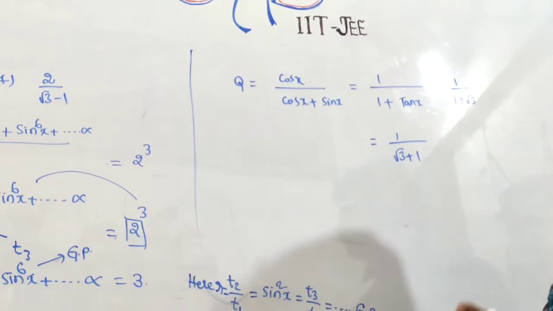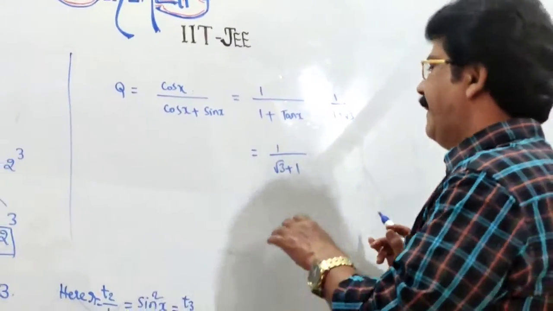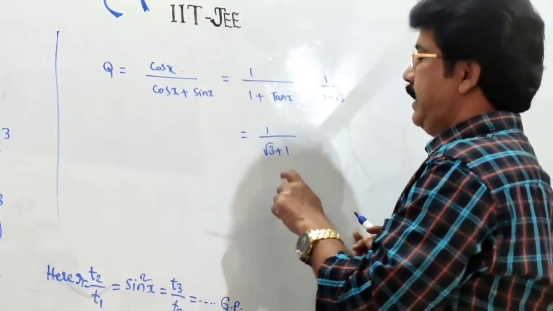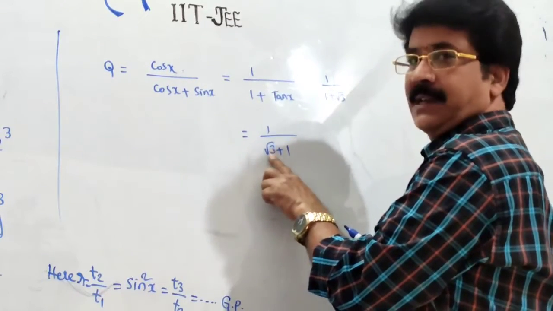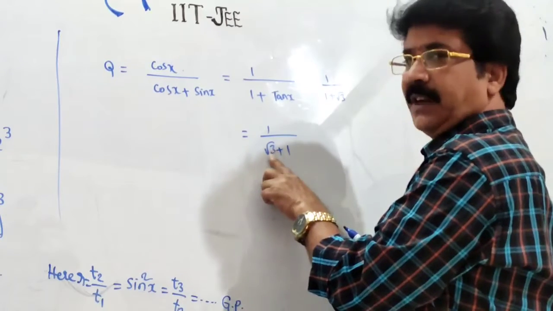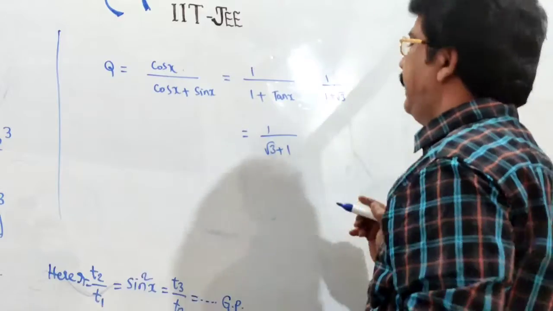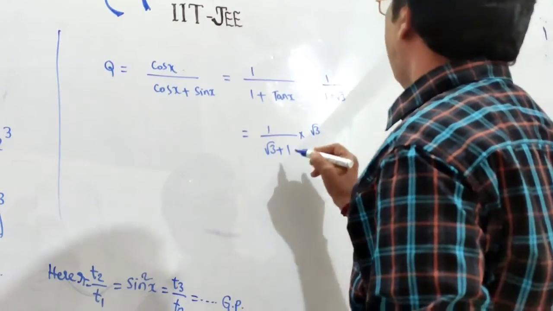Actually, it is called a mixed surd. We have to express the first term greater than the second term. Root 3 value is 1.7, so we must express the first term greater than the second term like that. Next, we have to rationalize the denominator.